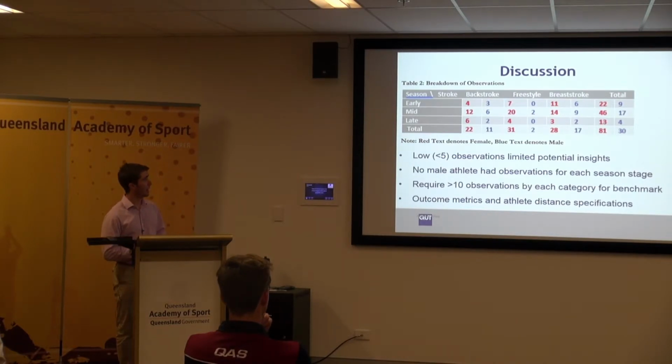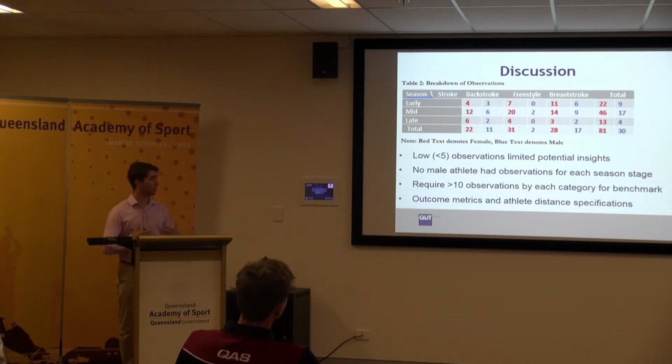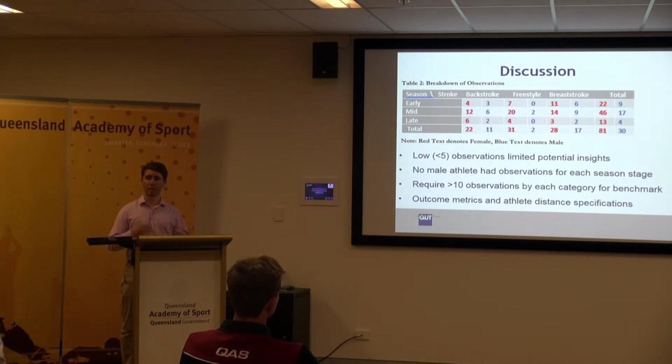And indeed, for male freestylers, there were no observations in the early or late season, which made it a bit of a challenge in terms of forming that benchmark. And there were also no male athletes that had observations for early, mid, and late season. So that's why the box plots were subsetted by female, just to get more meaning and to start forming that benchmark as well.